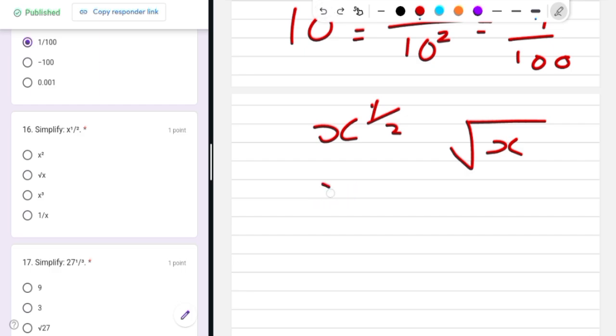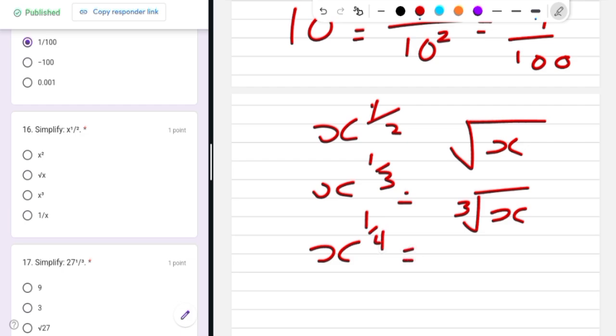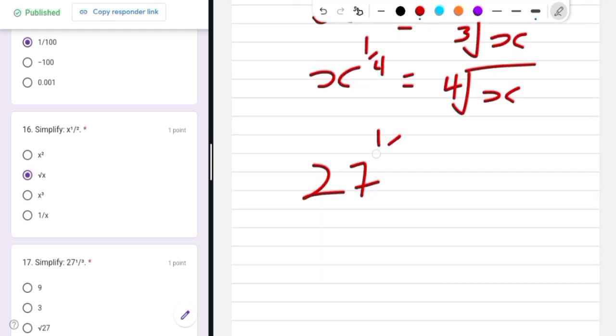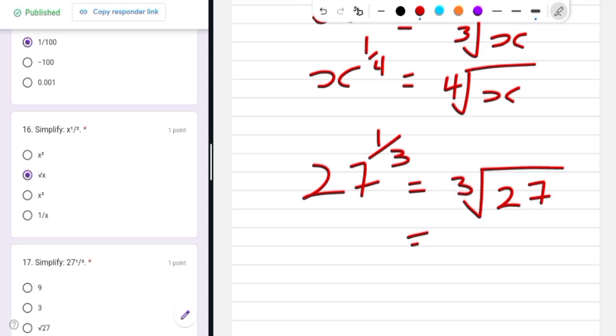X raised to the power 1 over 3 is the cube root of x. X raised to the power 1 over 4 is the fourth root of x. So 27 raised to the power 1 over 3 is the cube root of 27. The cube root of 27 is equal to 3.